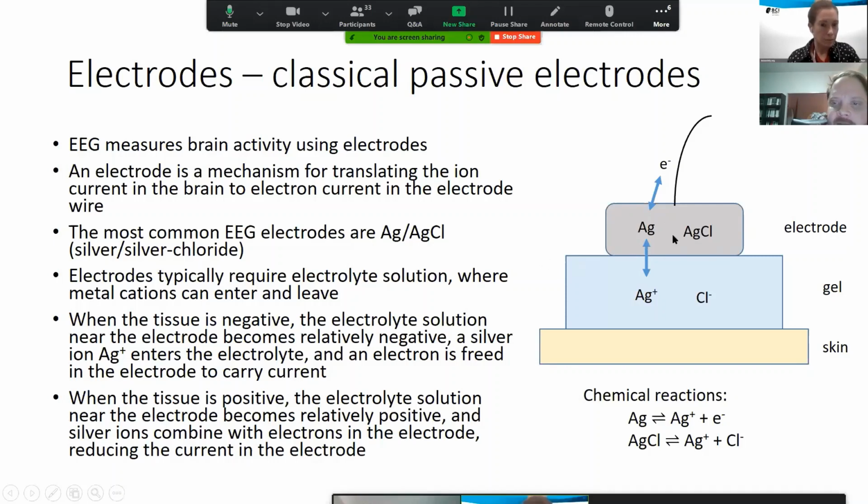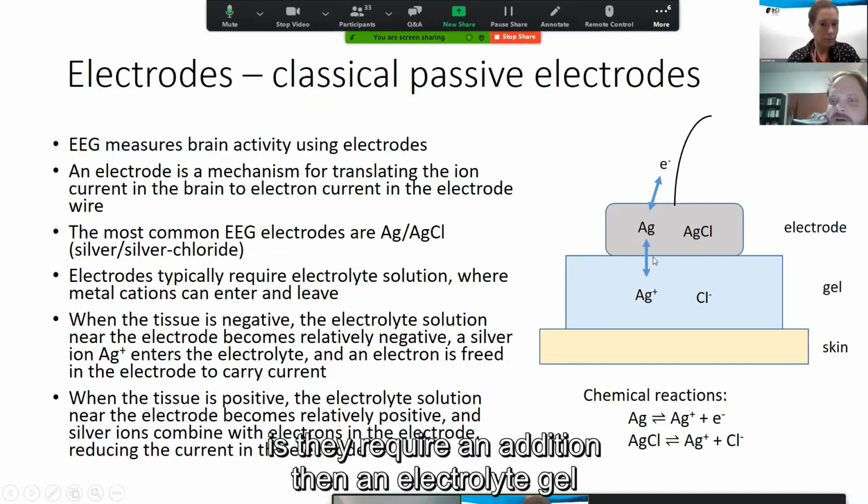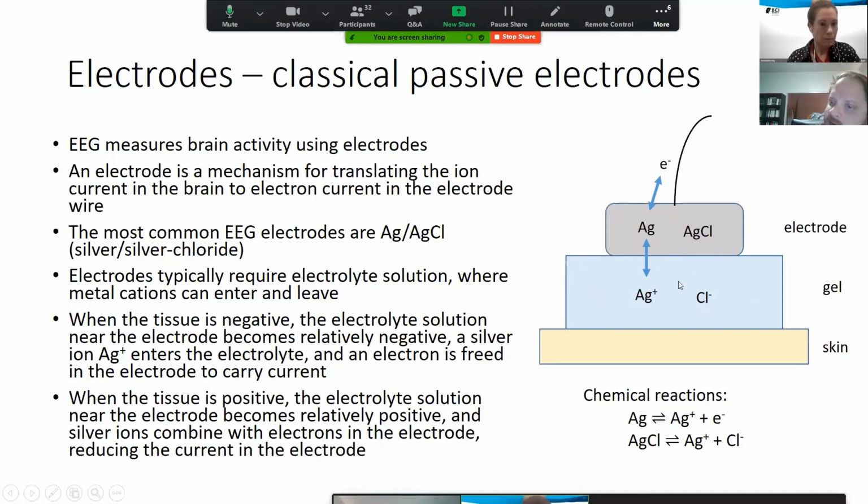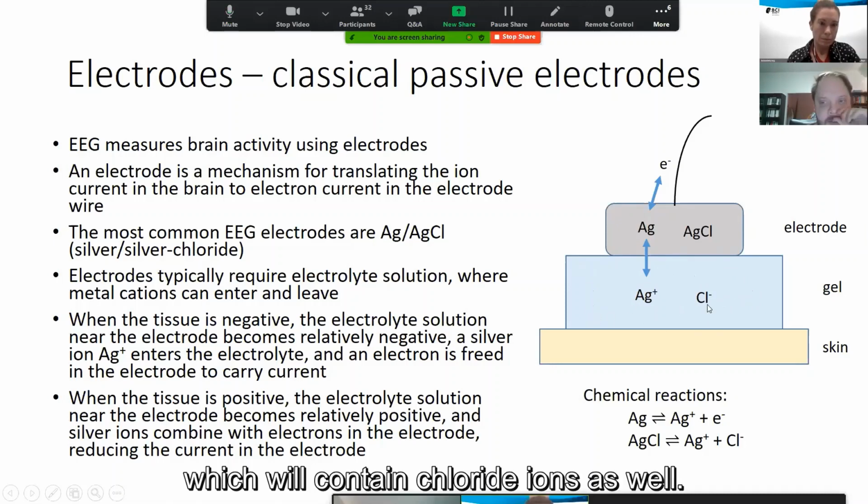Basically the way these electrodes work is they require, in addition, an electrolyte gel, which will contain chloride ions as well.